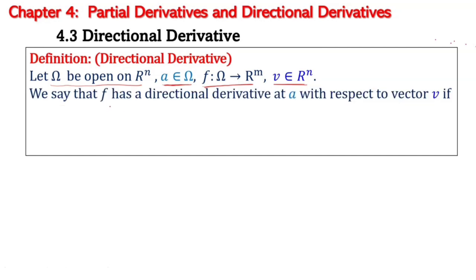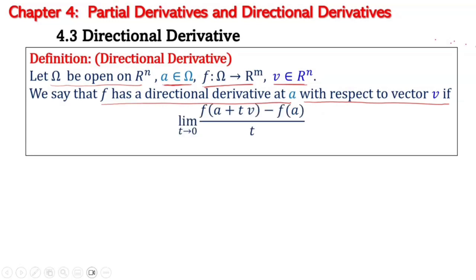We say that f has a directional derivative at a with respect to the vector v if the limit as t tends to 0 of (f(a + tv) − f(a)) over t exists. If this limit exists, then we have a directional derivative of the function f at the point a along the vector v, and the value of this limit is the value of the directional derivative.